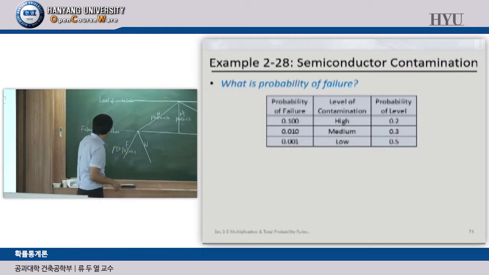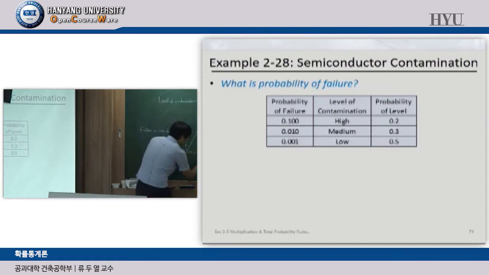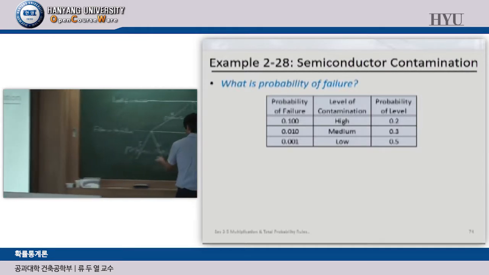And what is the probability that non-failure is obtained? There will be the conditional probability of non-failure given high level of contamination equals 0.9, right? Because the summation of each conditional probability should be 1. So we have two different conditional probabilities here.